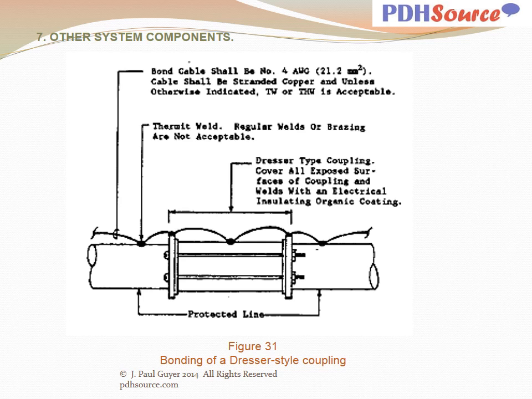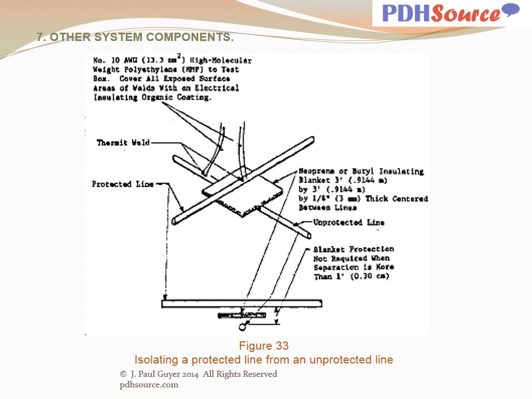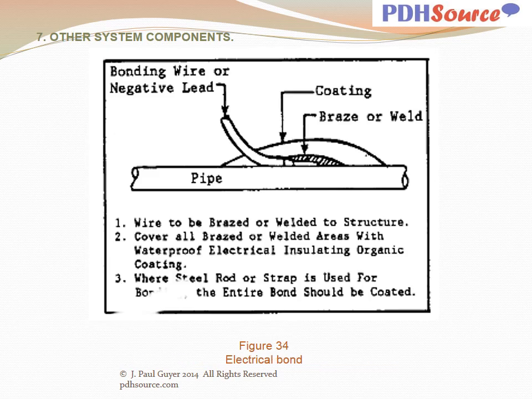Figure 31 indicates the method of bonding of a Dresser style coupling. Figure 32 indicates bonding methods for cast iron bell and spigot pipes. Figure 33 indicates isolating a protected line from an unprotected line. Figure 34 indicates a method of electrical bonding.